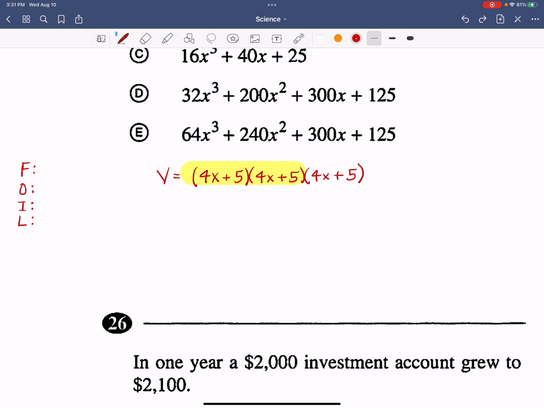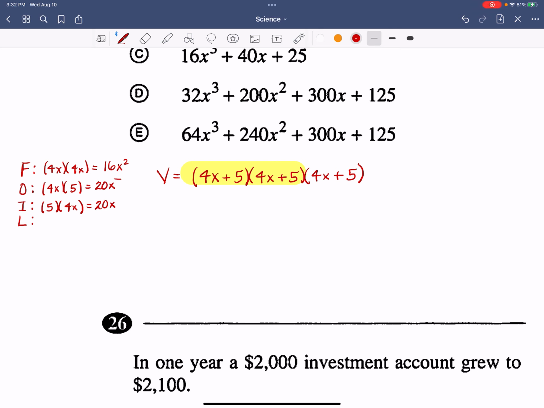The first terms in each pocket are 4x and 4x, and I would put those over here. 4x times 4x is 16x squared. The outside terms are 4x and 5, which would be 20x. The inside terms are positive 5 and 4x, which would also be 20x.